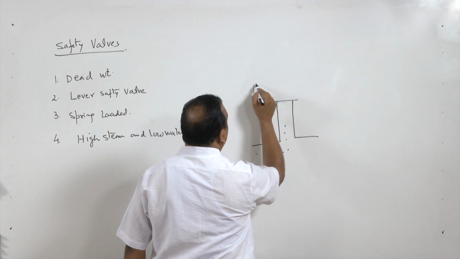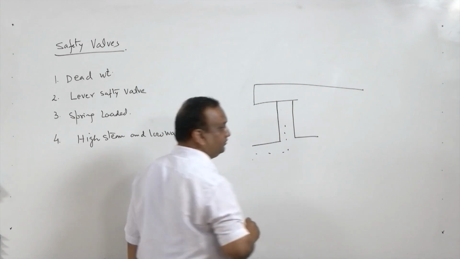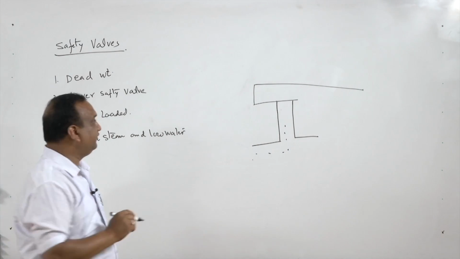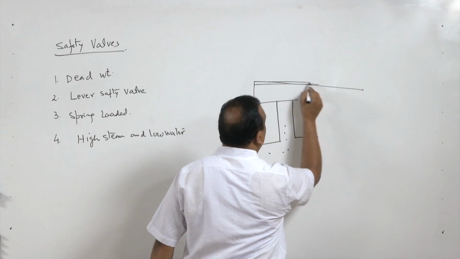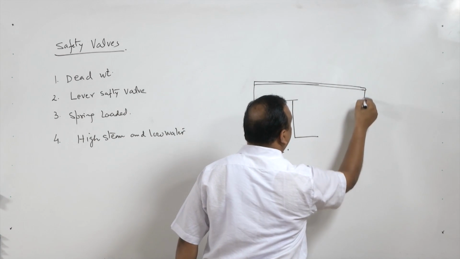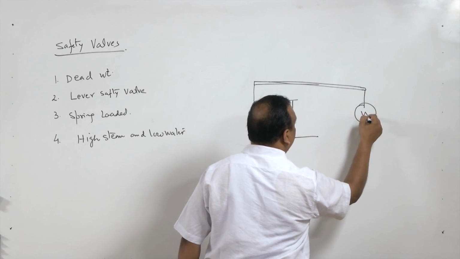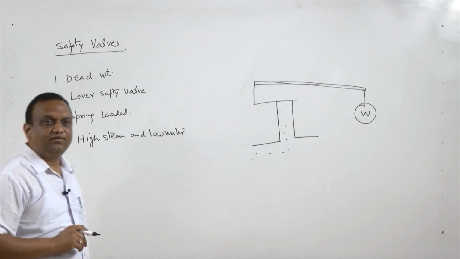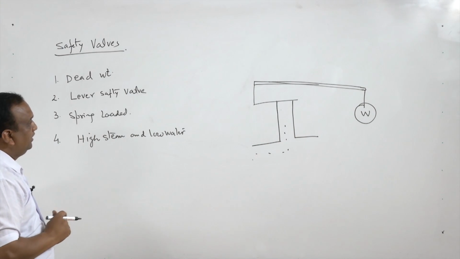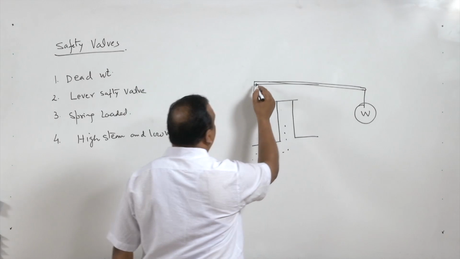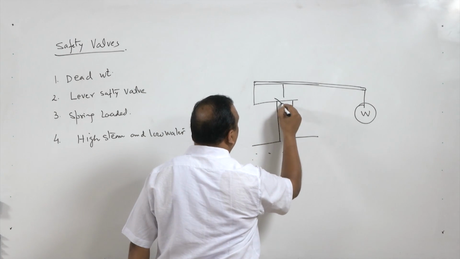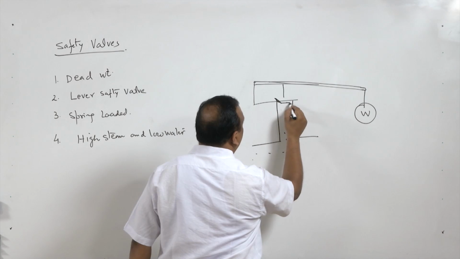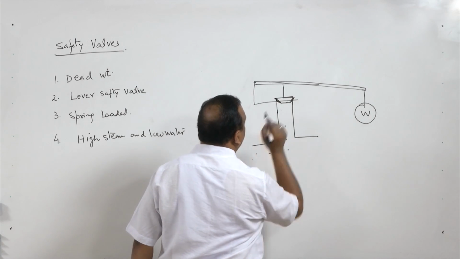It has a lever, that is why it is called a lever safety valve, and on this lever arm, on the extreme side there is a dead weight. Now, this is hinged here, and this again is connected to a system which closes this opening.